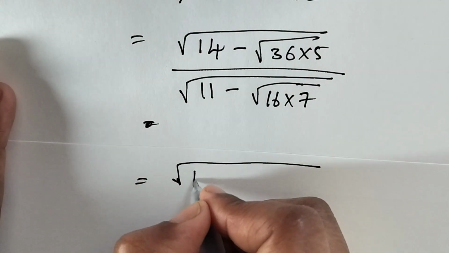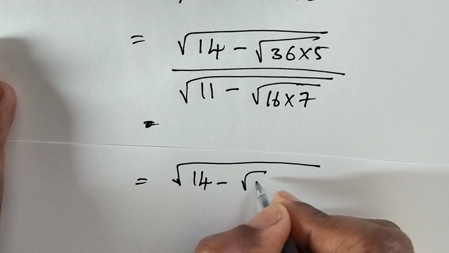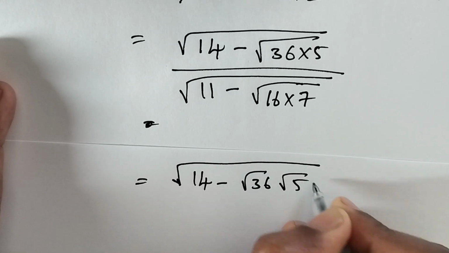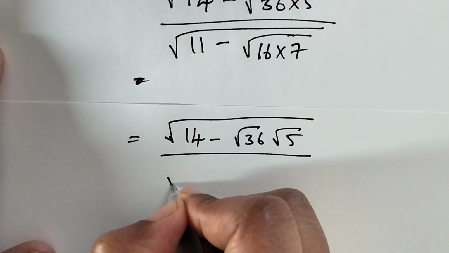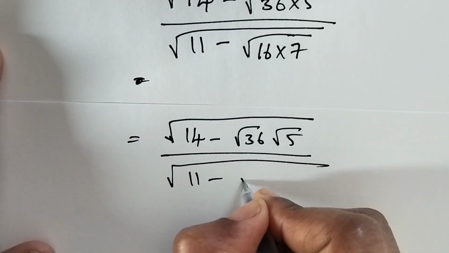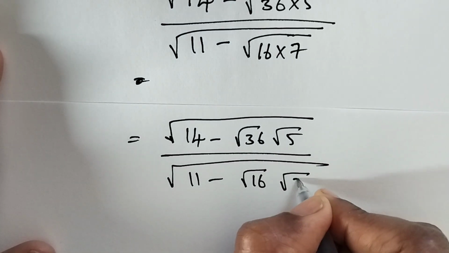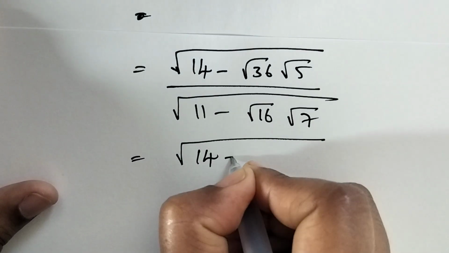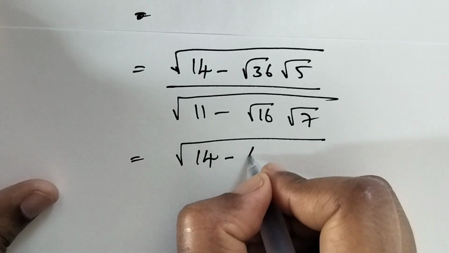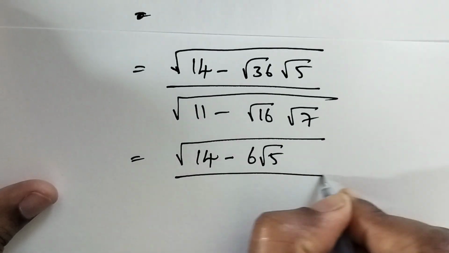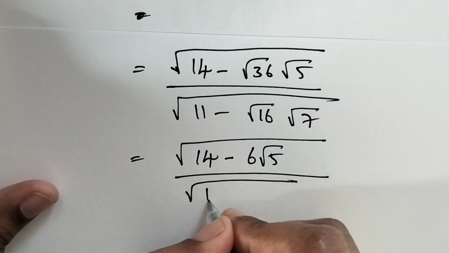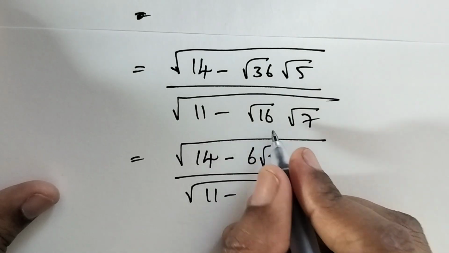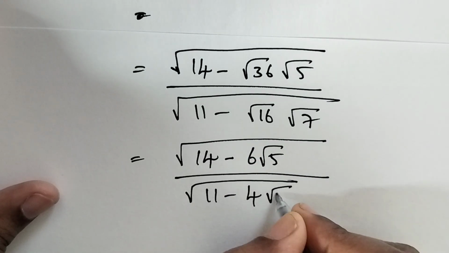We can write 14 minus the square root of 36 times the square root of 5, divided by the square root of 11 minus the square root of 16 times the square root of 7. The square root of 36 is 6, so we get 6 square root of 5, and the square root of 16 is 4, so we get 4 square root of 7.